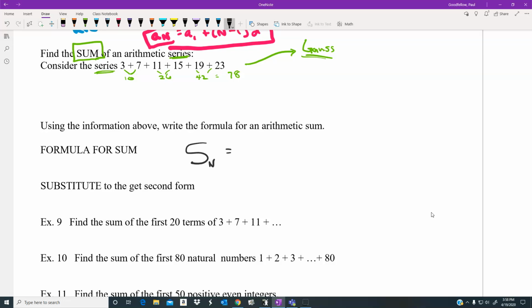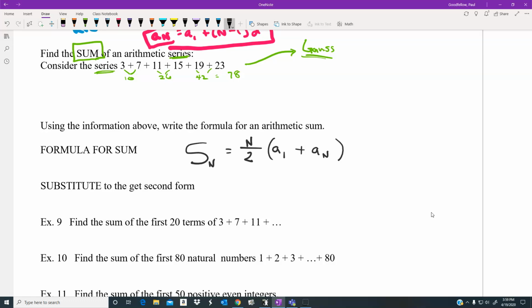That would be about the number of pairs first, which is n, the number of terms in the sequence, divided by 2. In Gauss's idea, that was 100 divided by 2, so it became 50. And then we multiply it by the beginning term that he found, number 1, and add that to the last term of the sequence, and that's how you find the sum.